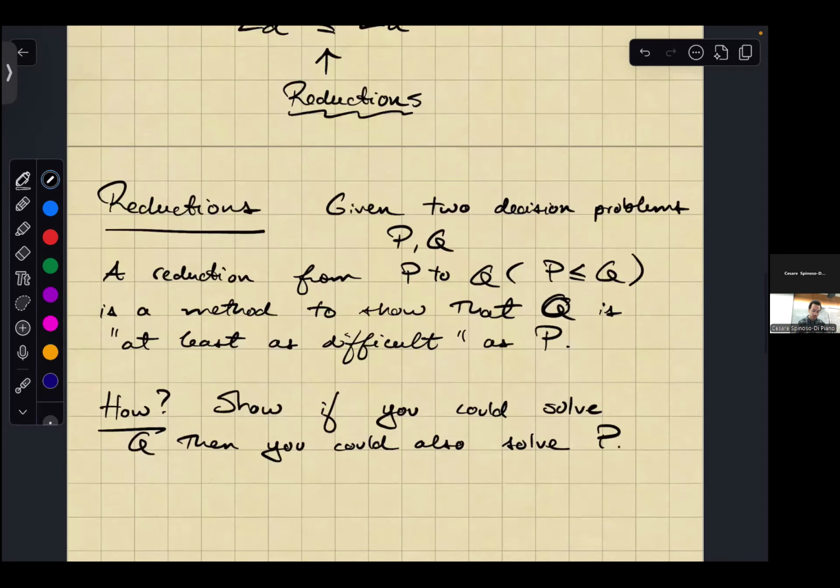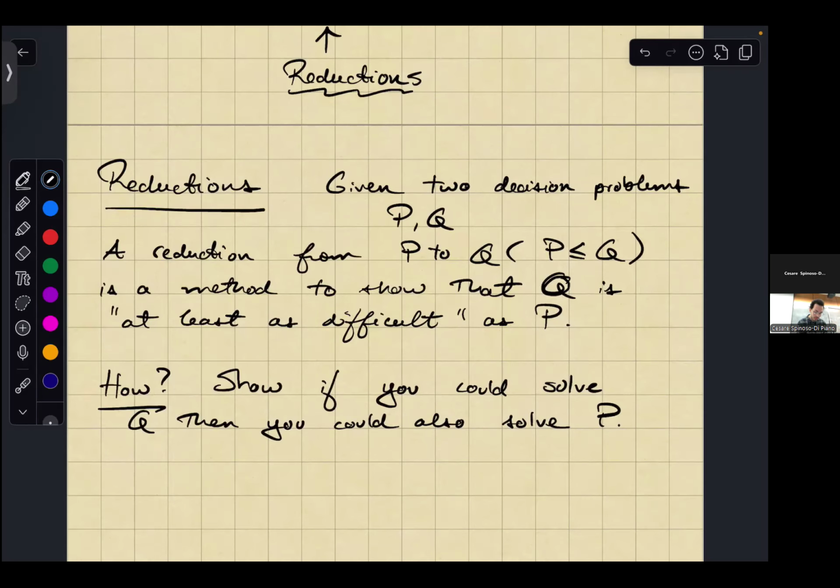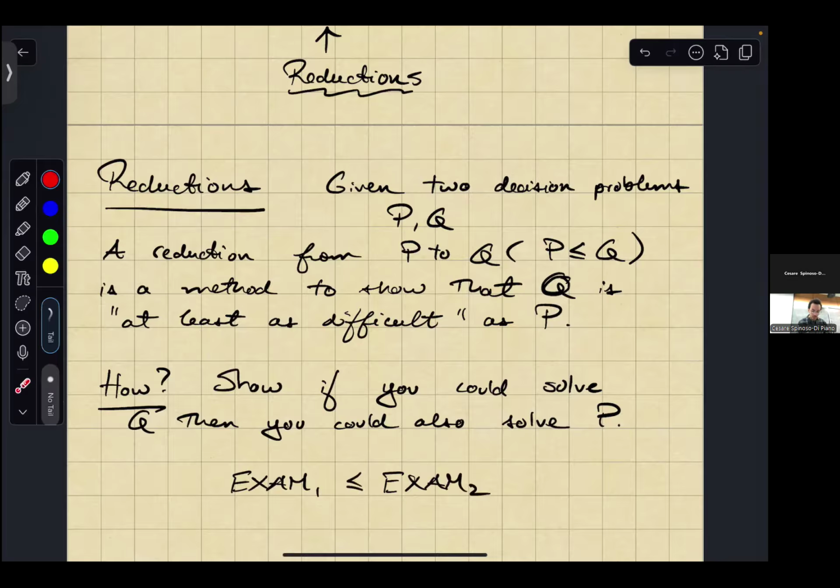So the example I usually like to give is, think of two exams. So I have exam 1 and I have exam 2. Suppose that exam 2 has a subset of the questions from exam 1 plus some additional questions. So it's kind of intuitive that exam 2 is harder than exam 1.